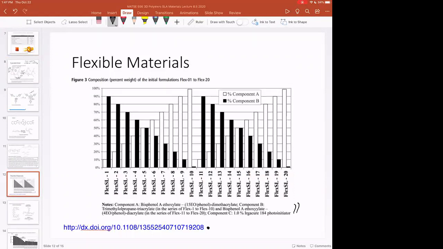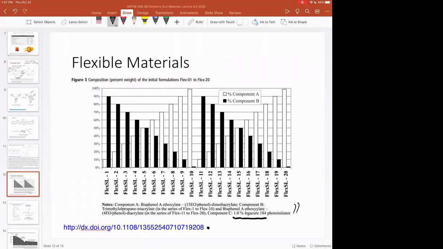So this paper describes 20 different formulations where they're just looking at different mixtures of component A and B. And so they talk about that they have 1% Irgacure 184 photoinitiator. So you can look up the chemical structure of Irgacure 184, or you can just buy it and use it.